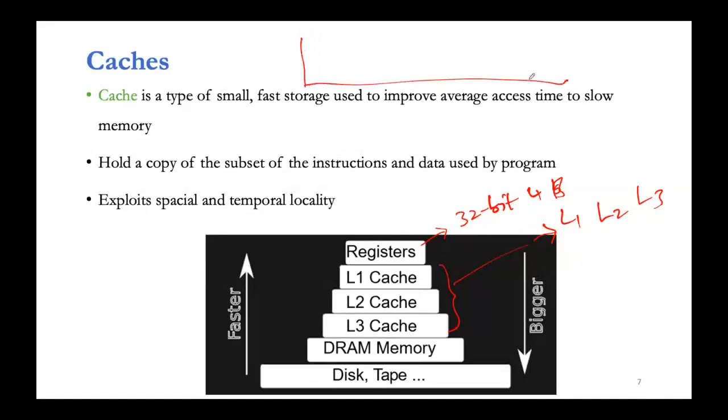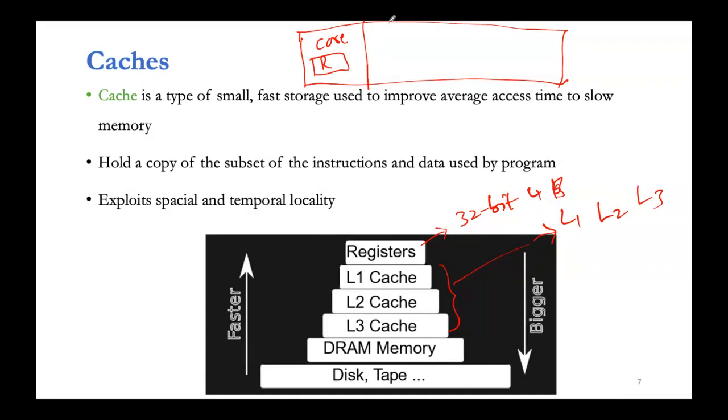So how they look on your CPU: the registers will be there in the core CPU. Whenever the CPU performs any operation, it will go and check whether the operands are available in the registers or not.